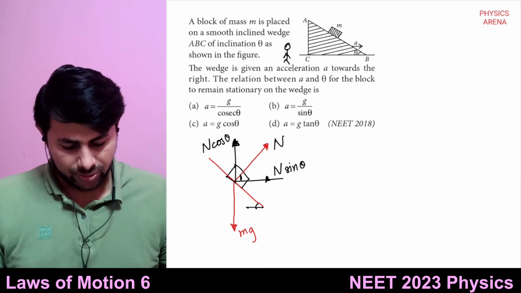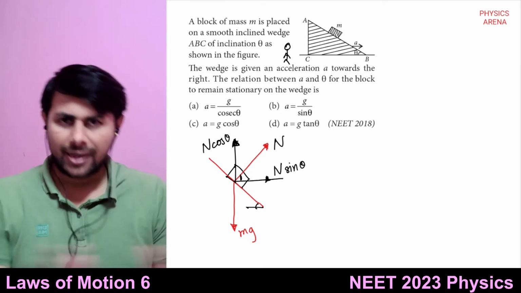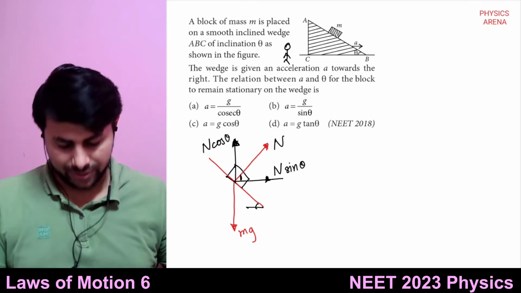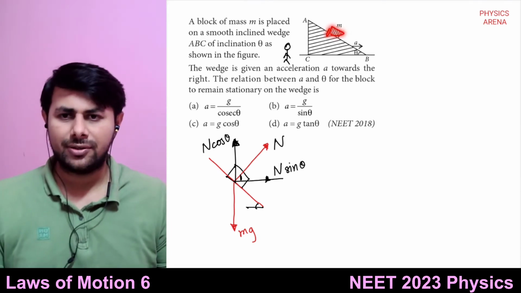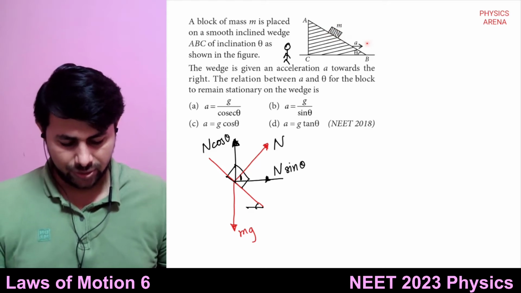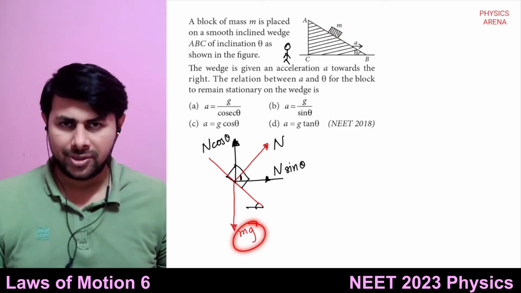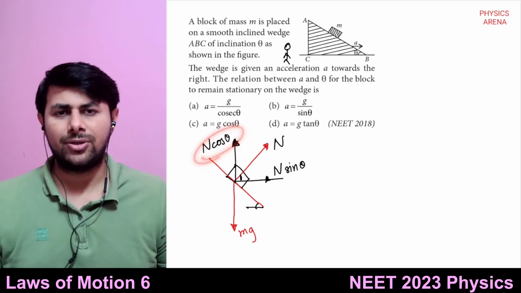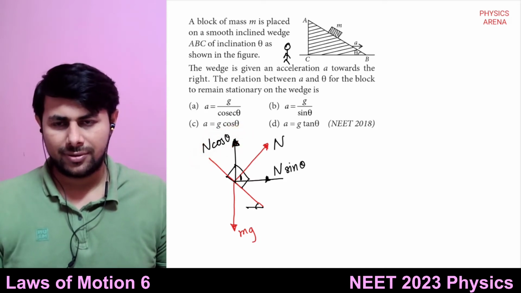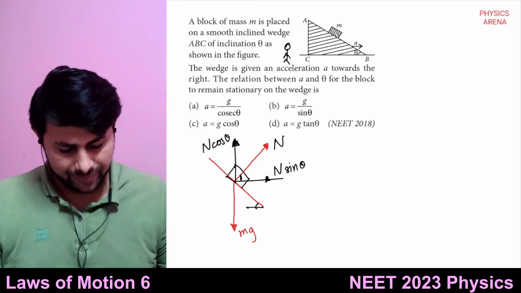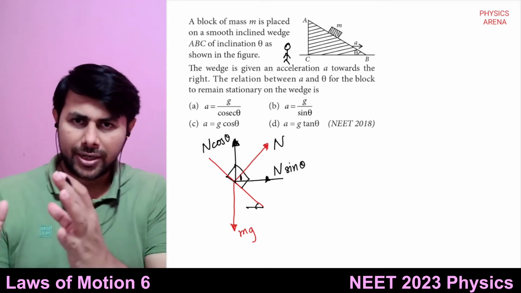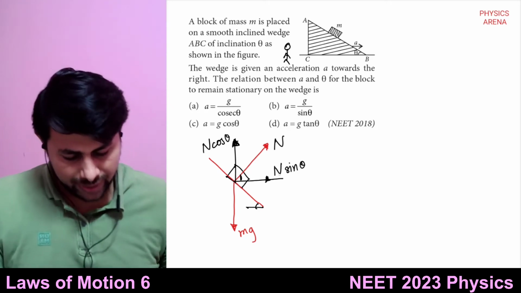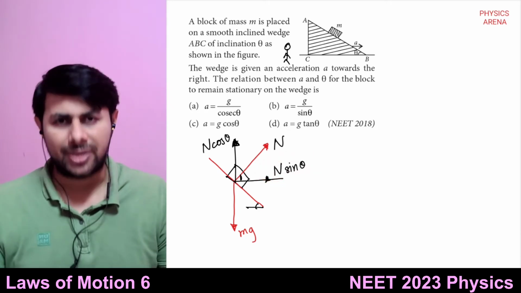Okay, so now this mass is also in acceleration because wedge is in acceleration, so this block is also in acceleration, okay, towards right. So here you can say that mg, the weight of this block, is balanced by the vertical component of normal reaction. Okay, and the block is in acceleration, so that acceleration is provided by the horizontal component of normal reaction.